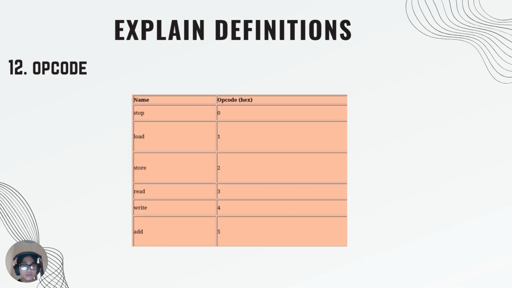And you can see here some of the opcodes and their names in the third column, and the opcode value, which is written in the hexadecimal number system. For stop, the opcode is 0, load is opcode 1, store is opcode 2, and so on.